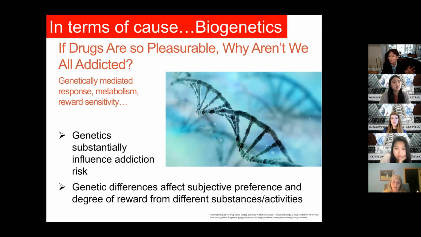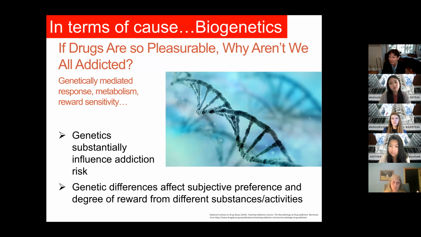Now, in terms of cause, these two dimensions, cause and controllability, we've learned from the last 50 years of research that just like other complex illnesses, certain people are more susceptible by virtue of their DNA than other people who don't have that susceptibility. So availability, accessibility, susceptibility are key factors in contracting onset of substance use disorders.